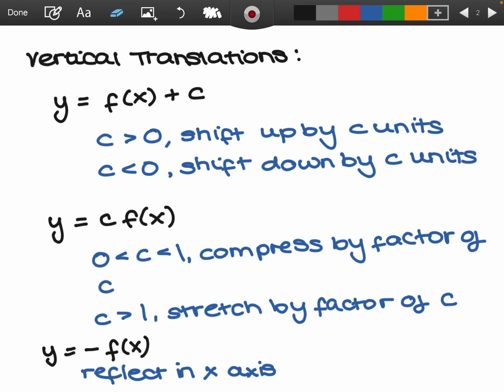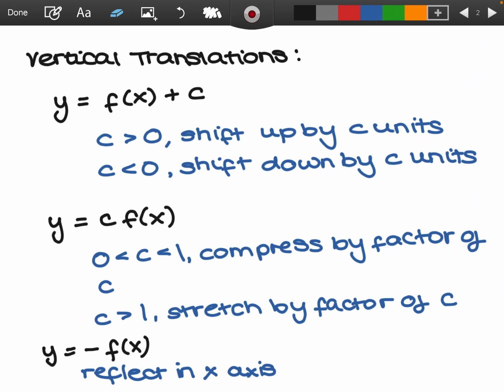That makes sense. If we multiply our basic function by c, so let's say you had y is equal to 2x squared, if that number is greater than 1, then you're going to stretch it in that vertical direction by a factor of c.